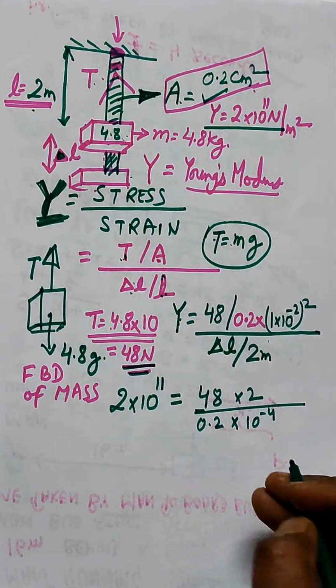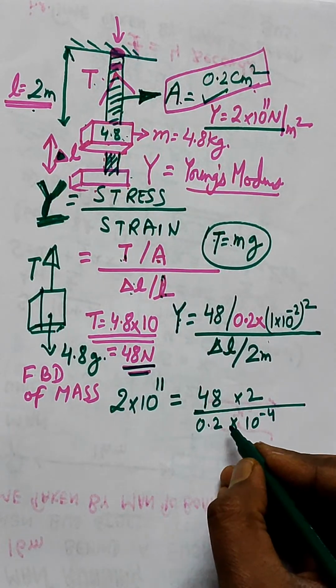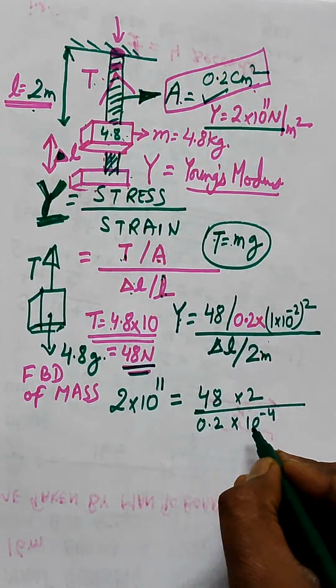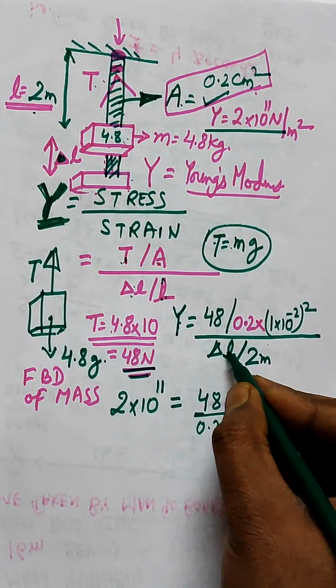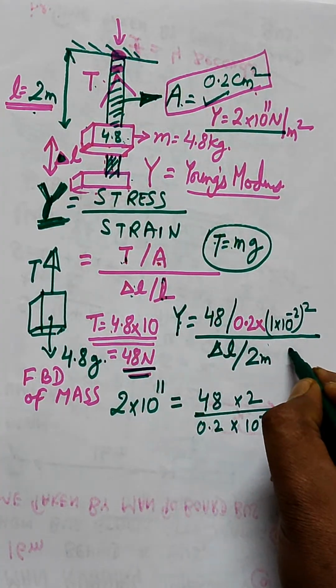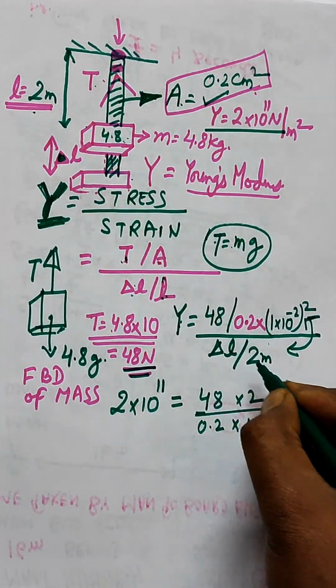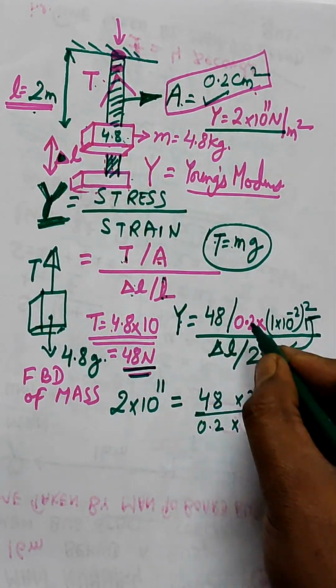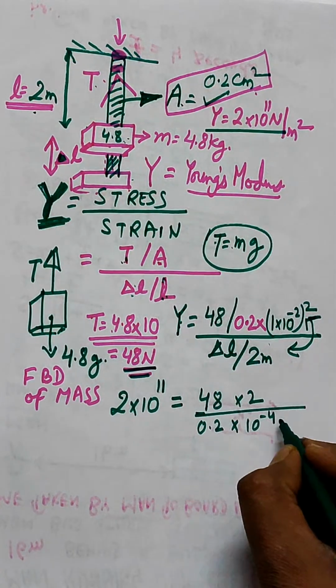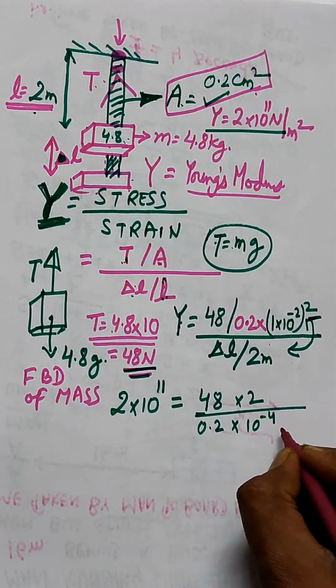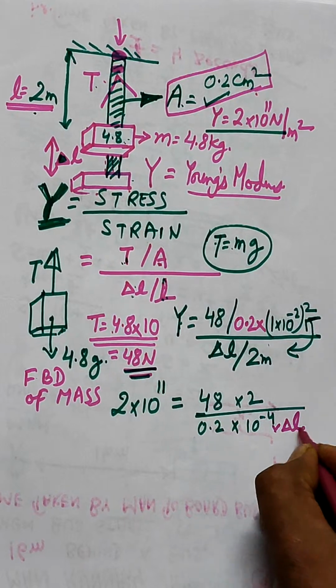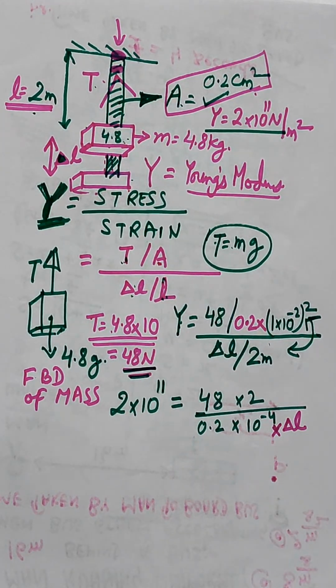And delta L is also there. So delta L will be multiplied with this. You can see here, A by B divided by C by D, then A and D will be multiplied and B and C will be multiplied. So delta L will be here. I am writing it in a different color because this is our variable which needs to be calculated.